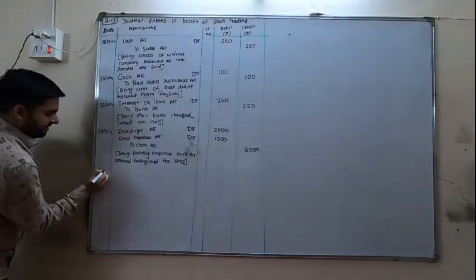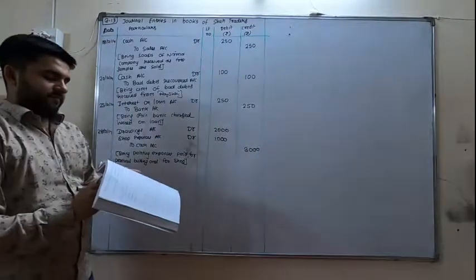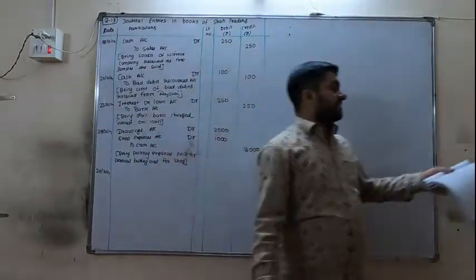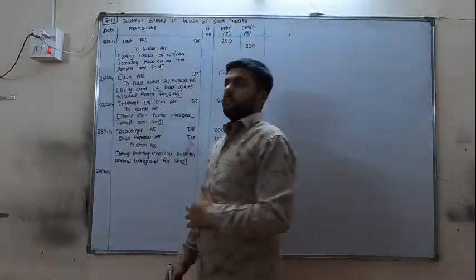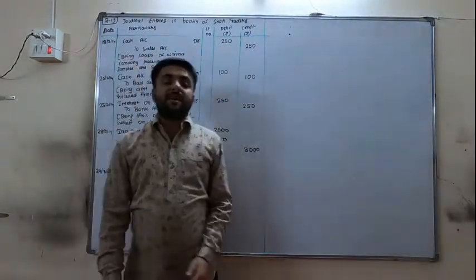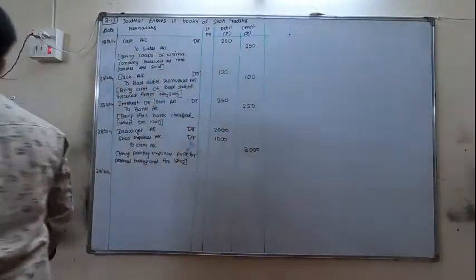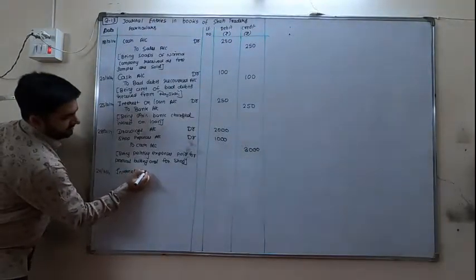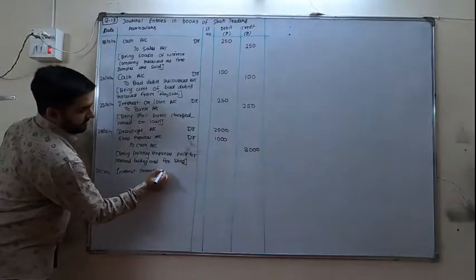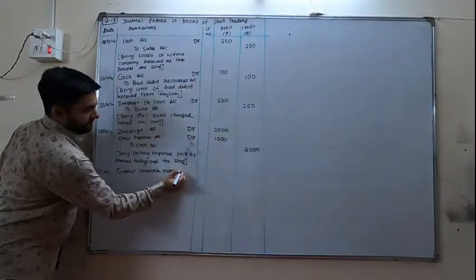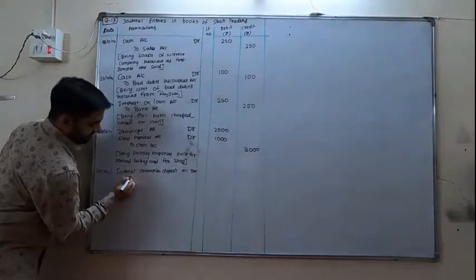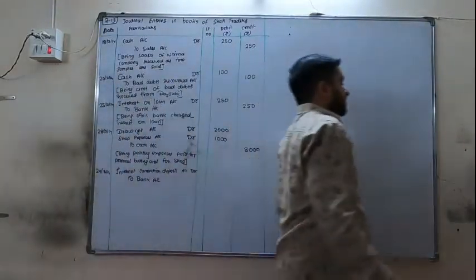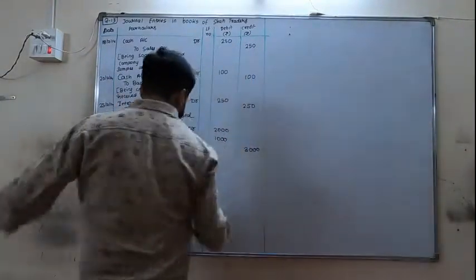Last, 29/7/40. Paid internet connection deposit by check. We are paying by check, so bank is credited. We are paying what? Internet connection deposit. So internet connection deposit account debit to bank 2,000.